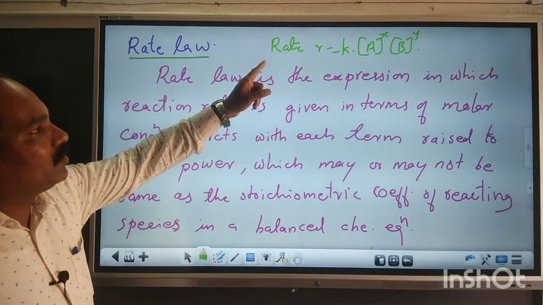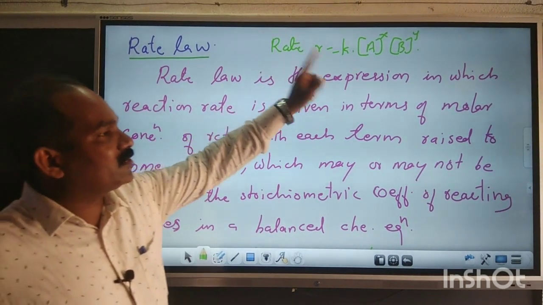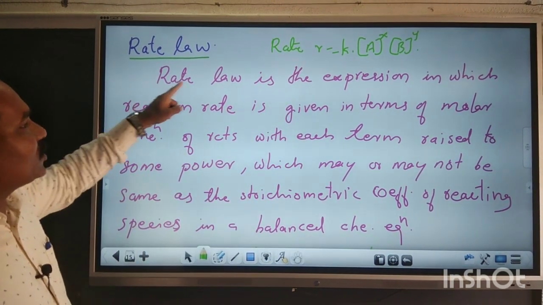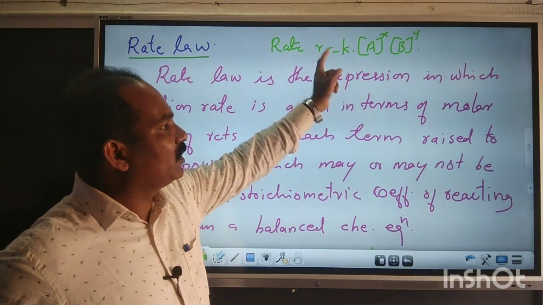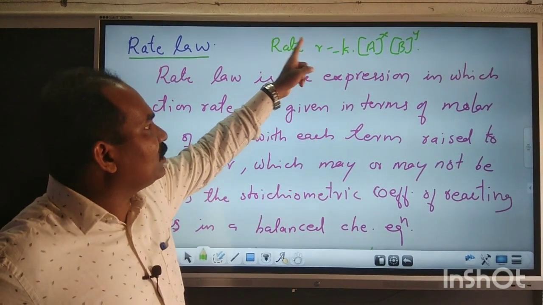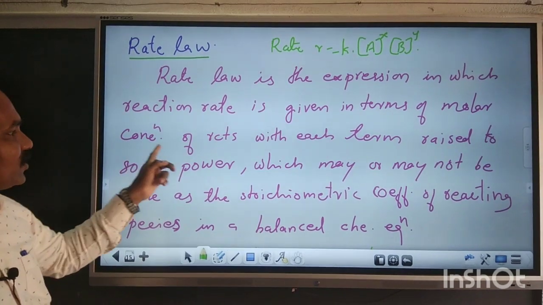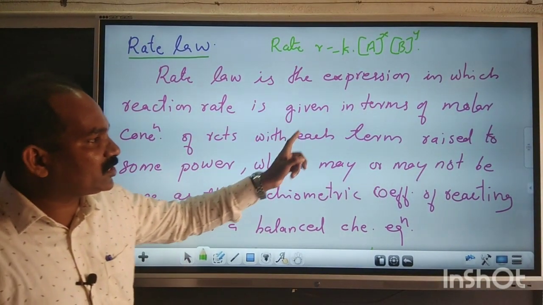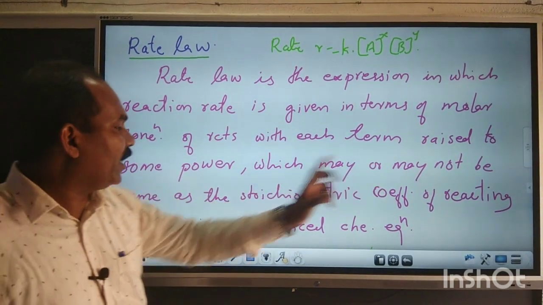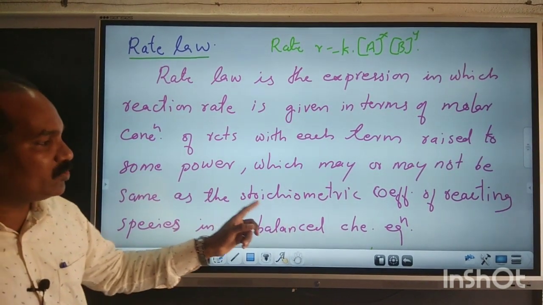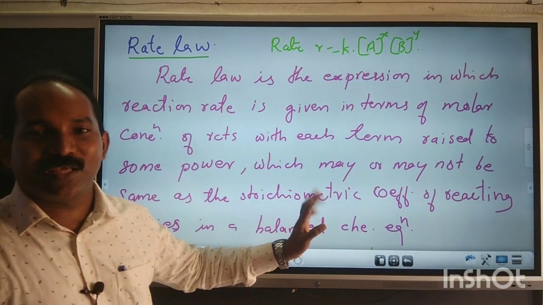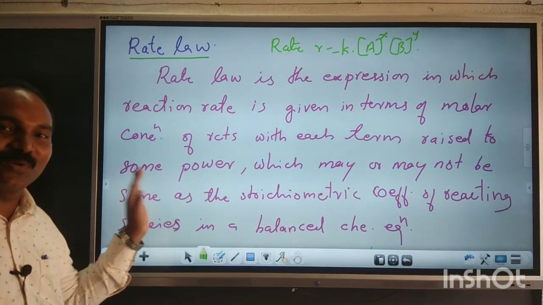Rate law is an expression in which the rate of the reaction is given in terms of molar concentration of the reactants, with each term raised to some power, which may or may not be the same as the stoichiometric coefficients of the reacting species in a balanced chemical equation.